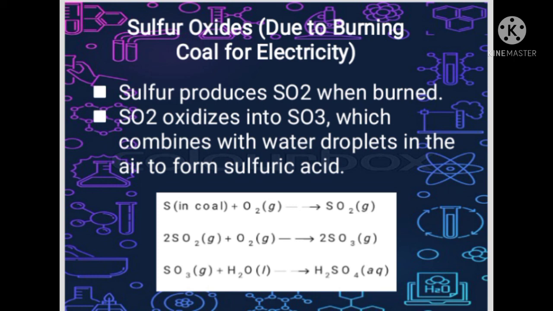We have the SO3(g) plus H2O(l) into H2SO4(aq). So I think this formula here is a procedure in how to form sulfuric acid, I think.